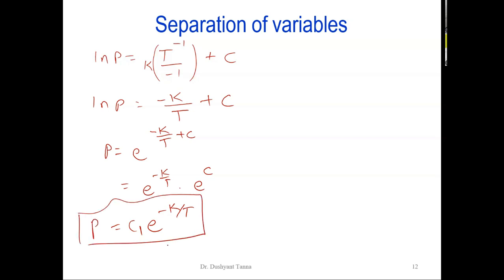This is the general relation where, why not write c here instead of c1? Right, so I got the relation P is equal to C e raised to minus k over t.